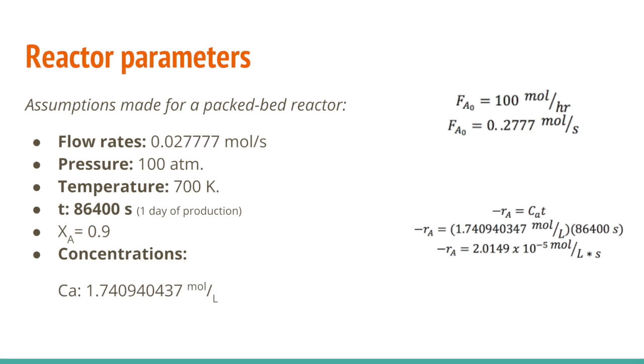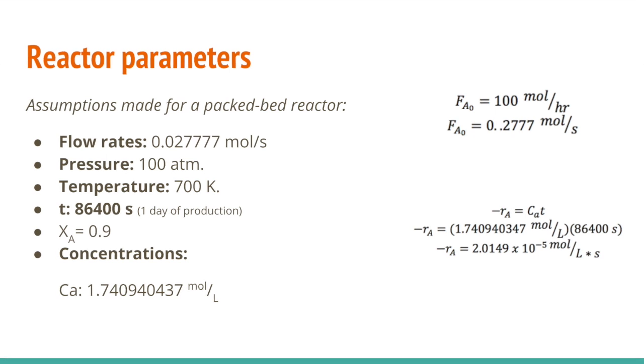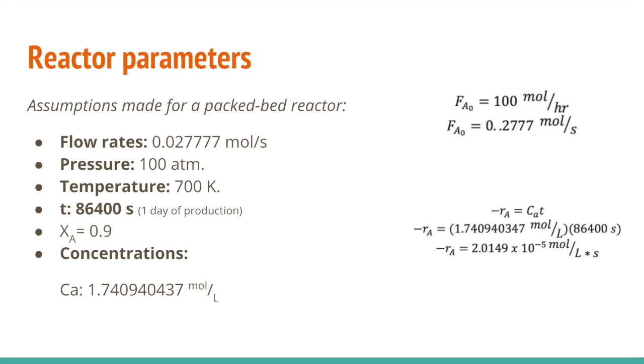It is important to point out that we not only chose this because of the reaction, but because of the size of the reactor that is ideal for this type of procedure that we are studying.